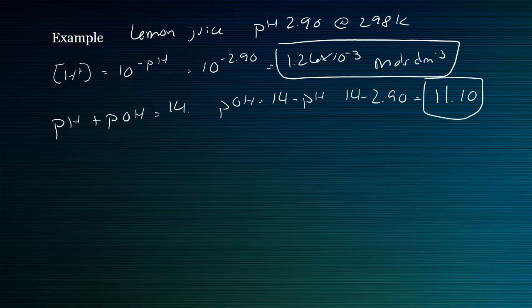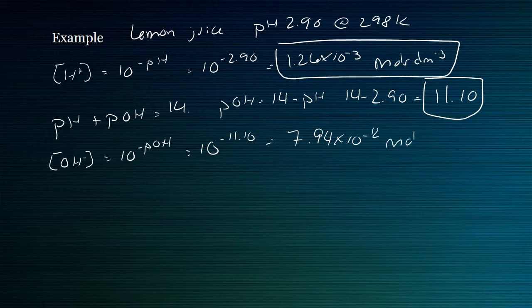Now that we know our pOH, we can find our OH ion concentration by taking 10 to the negative pOH. So that means 10 to the negative 11.10, and that's going to give you 7.94 times 10 to the negative 12 moles per decimeter cubed.